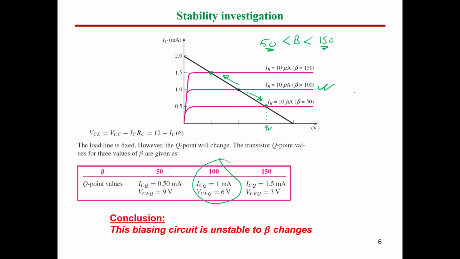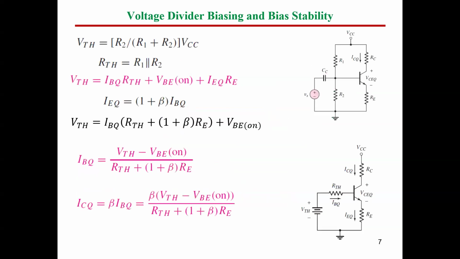Let's investigate another circuit topology. This is the second circuit we have in our textbook. This is called voltage divider biasing and stability.